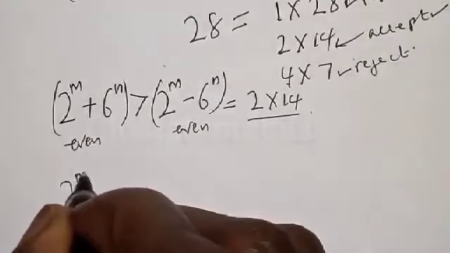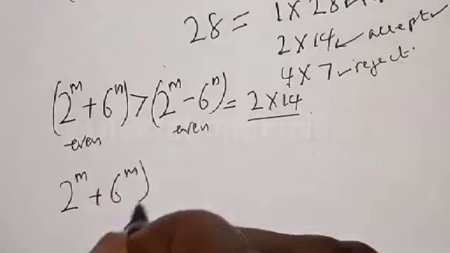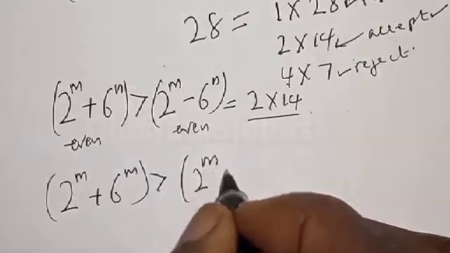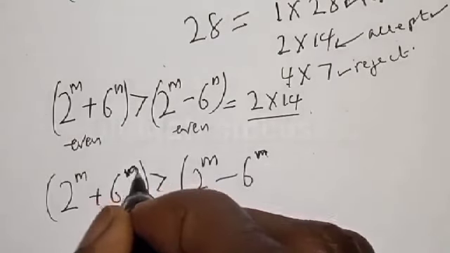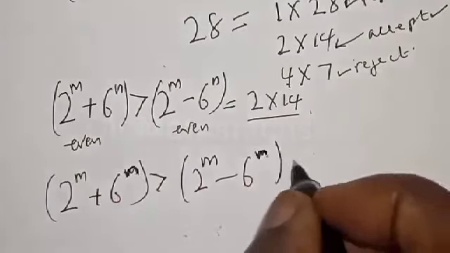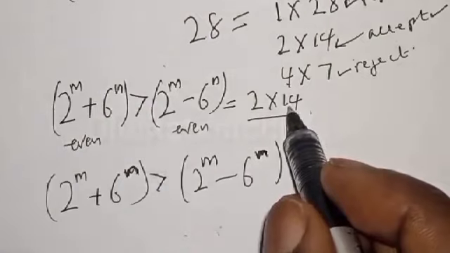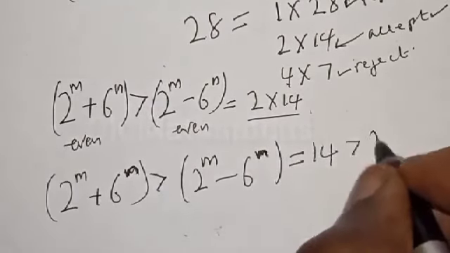Therefore, we have 2 raised to power m plus 6 raised to power n, which is greater than 2 raised to the power m minus 6 raised to the power n. Sorry, this is n. We said this one is greater than this, meaning that 14 is also greater than 2.